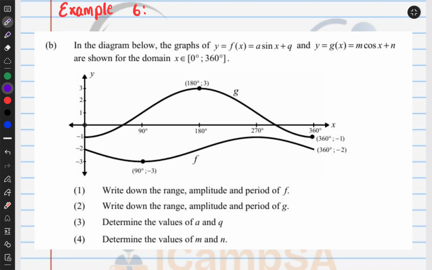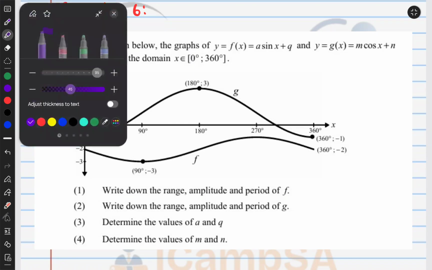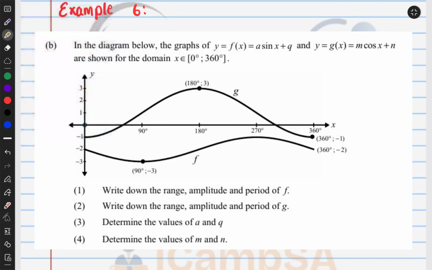From the shapes that we see of the graphs, this one is the cosine function and it is facing down, which means it has been reflected. So the value of m is going to be negative, and it has also been shifted up, so we're going to have a positive value of n, I would like to believe.